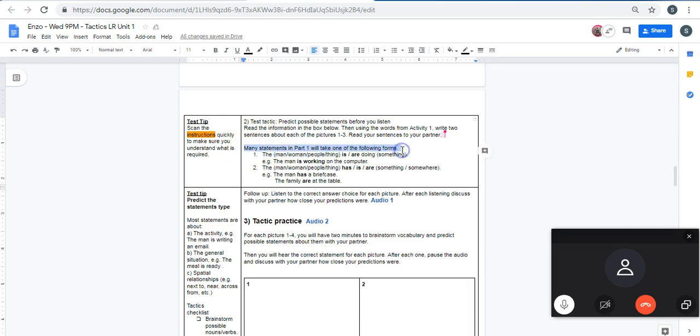Okay, so we do have here, can you read this? Many statements in part 1 will take one of the following forms. Okay, so can you read this?